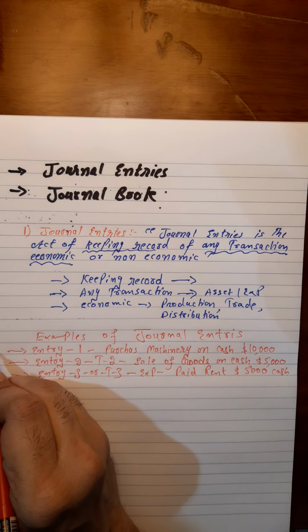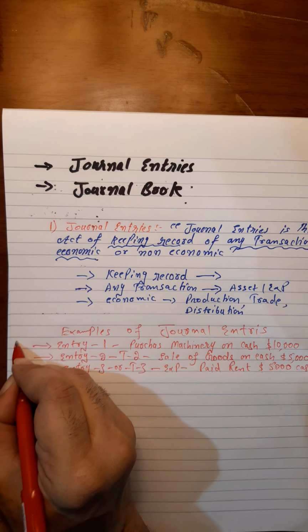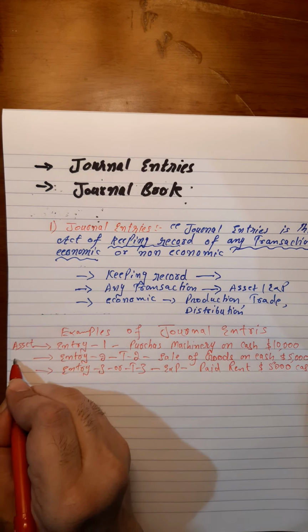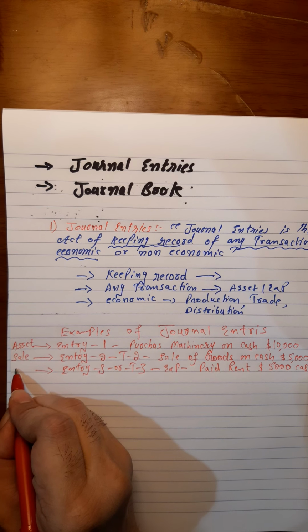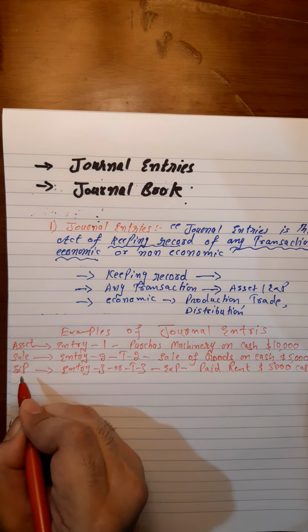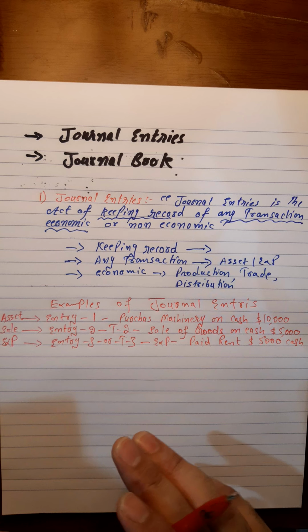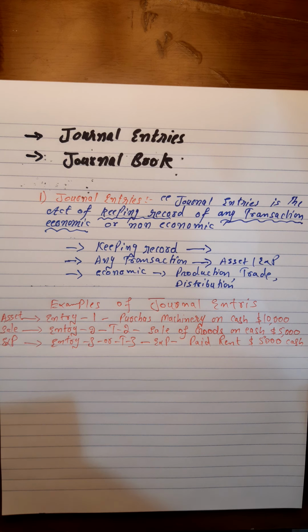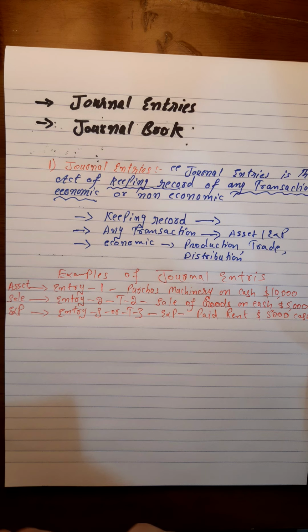Entry number 1 is an asset entry. Entry number 2 is a sale entry. Entry number 3 is an expense entry. Friends, now I will show you how we pass the entries in the journal book.